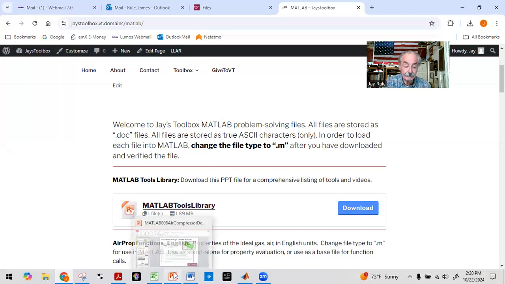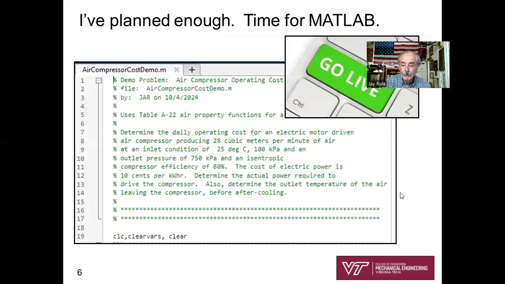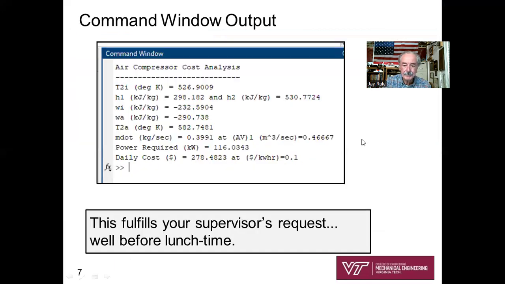Okay, now let's see. I'm going to go back to PowerPoint. We've gone live. We've reviewed step by step how it's solved in MATLAB. Here's the command window output. Oh, and now addressing your manager's request. I would take a screenshot of this command window output, and I would attach that screenshot to an email.